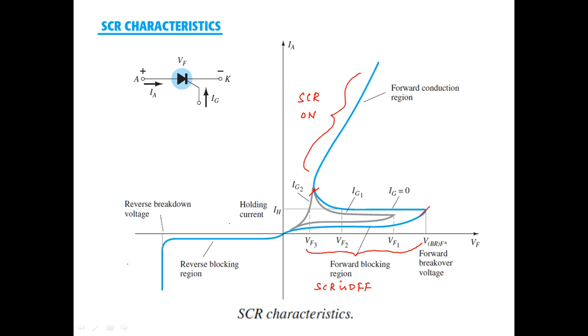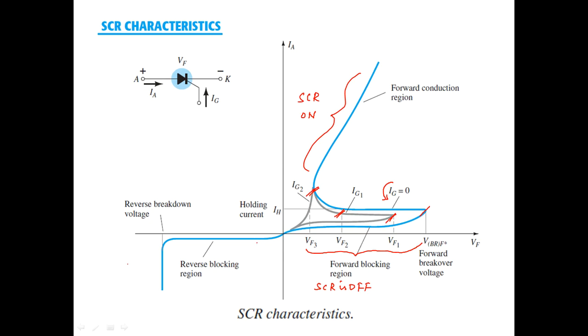So you can switch on and switch off an SCR in the forward bias characteristics itself by using a gate. If you go on increasing the gate current, then the forward breakover voltage keeps on reducing, which is clearly visible here.